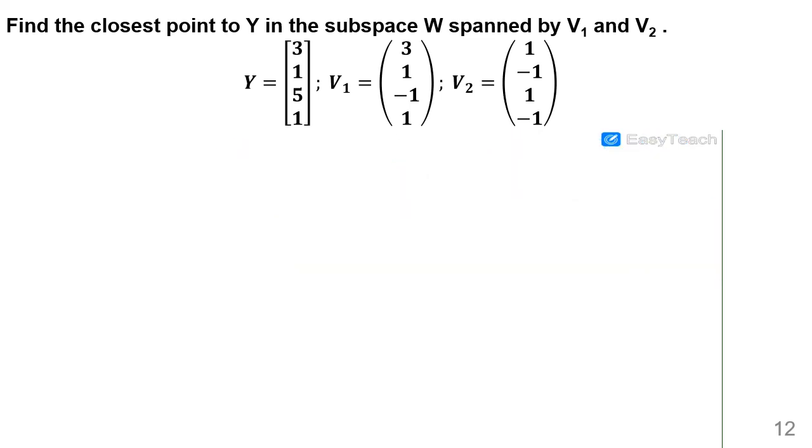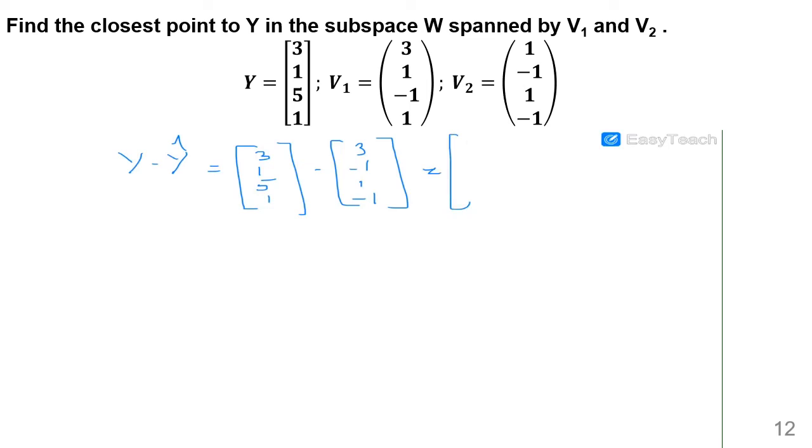So we have y minus y cap, that is the vector orthogonal. So we get this as (3, 1, 5, 1) minus (3, -1, 1, -1). That will give us (0, 2, 4, 2).